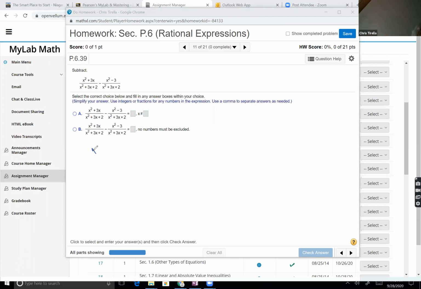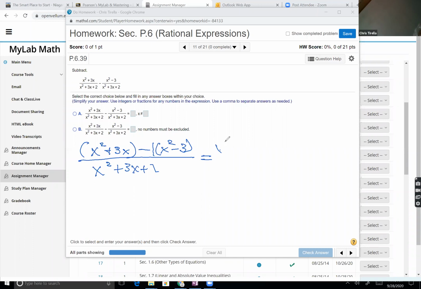We're going to subtract the numerators, x squared plus 3x minus x squared minus 3. And we're going to put that difference over that common denominator, x squared plus 3x plus 2. And so when I subtract, remember you have to distribute that -1.